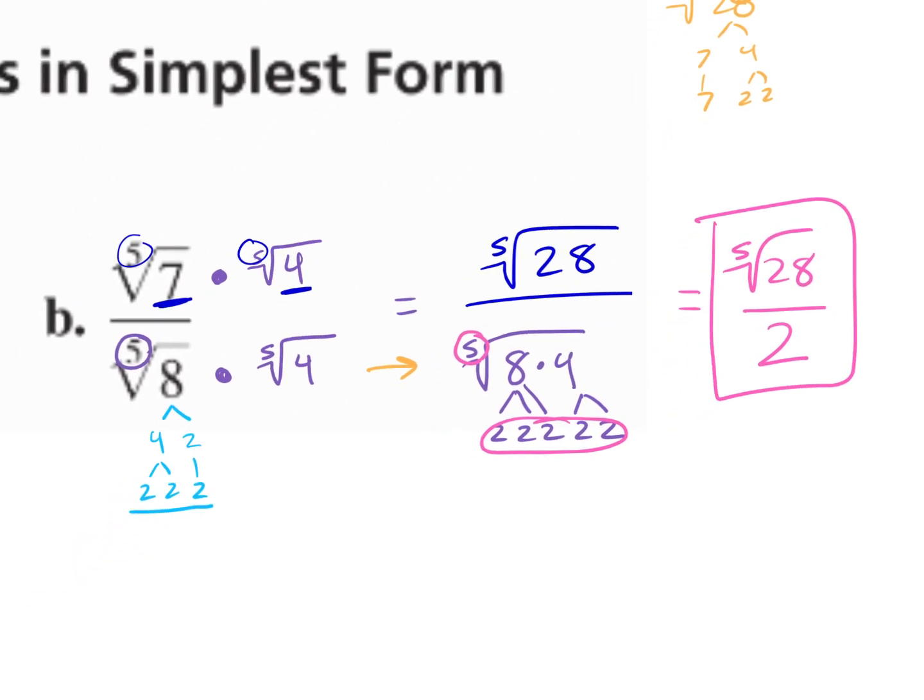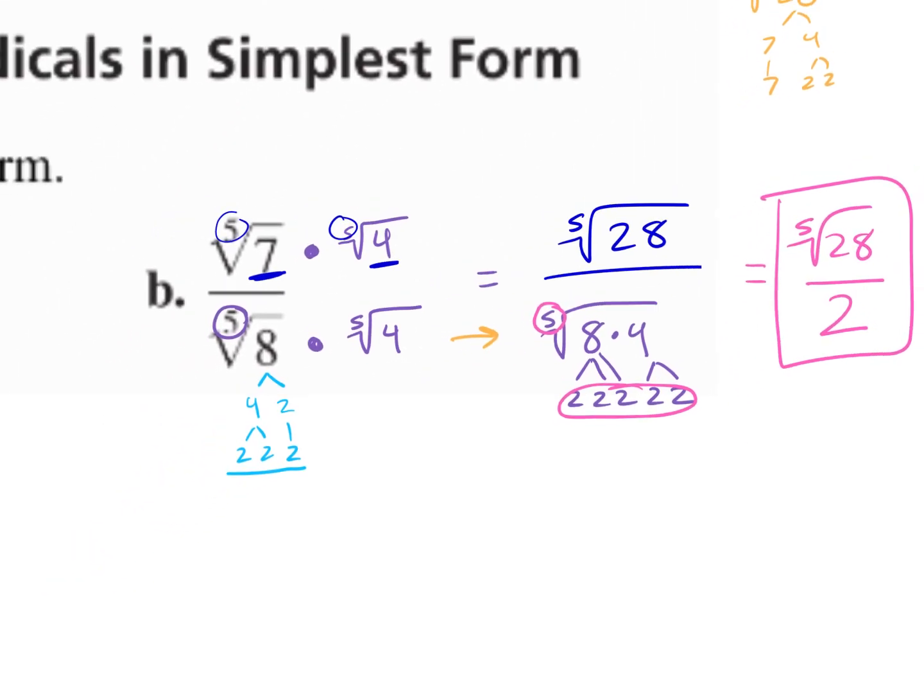No. Our whole goal was to rationalize and get the radical out of the denominator. All we needed to worry about was making the denominator a perfect root so we can make it a whole number. Rationalizing means that we get rid of the radical from the denominator. You can't have a radical in your denominator, so once we get rid of it, that's our answer.